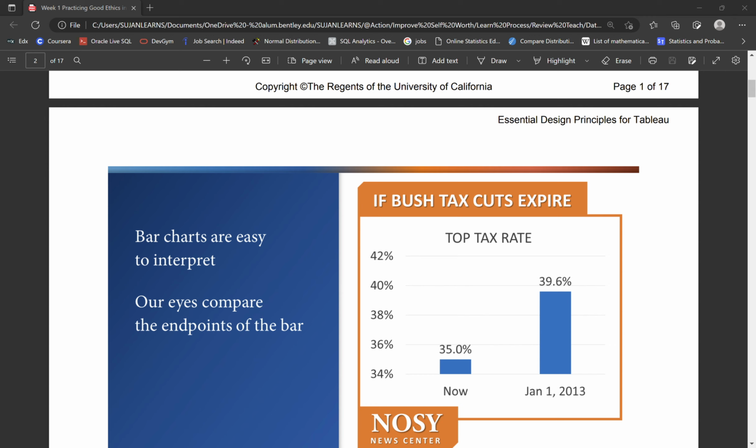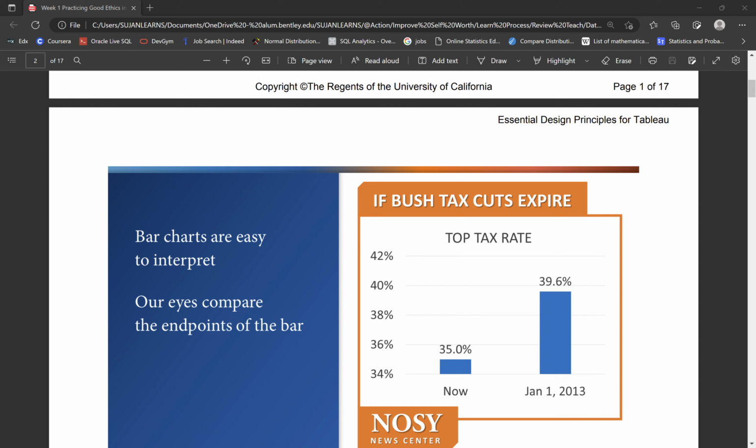Good ethics is presenting information in a more ethical way, while visualization best practice is presenting information visually so the reader can understand it easily.